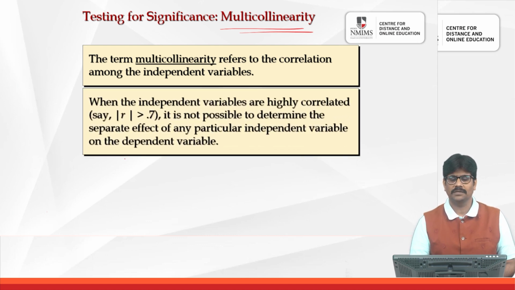When the independent variables are highly correlated, say for example the correlation is more than 0.7, it is not possible to determine the separate effect of a particular independent variable on the dependent variable, and hence we need to drop one variable, otherwise it will account for more or less prediction power, and my prediction accuracy goes for a toss.